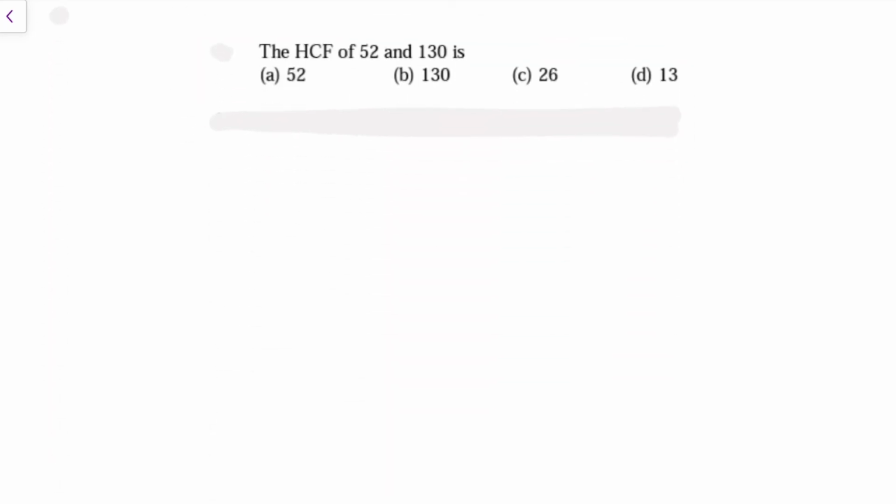Next, the HCF of 52 and 130, highest common factor we need to find. So let us do the HCF. As I already said in the previous questions, here we can solve by any method. So 52 and 130, if we check, 52 2s are 104.